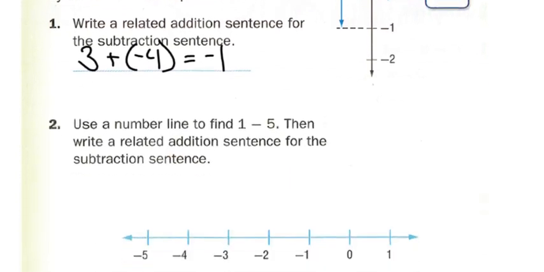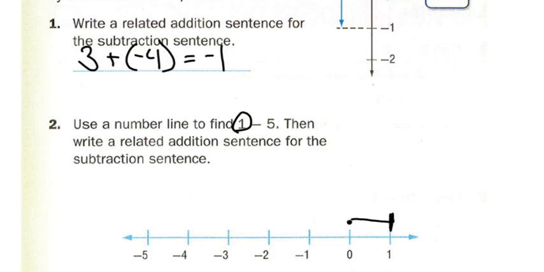Number 2 says use a number line to find 1 minus 5, and then write a related addition sentence for the subtraction sentence. If we're going to do 1 and take away 5, let's see what that looks like. We always start at 0, and we go 1 positive unit, 1 to the right, to 1.